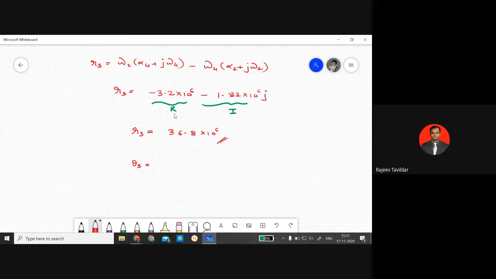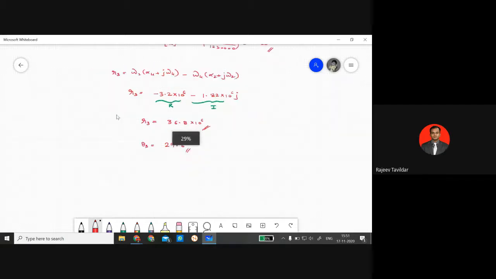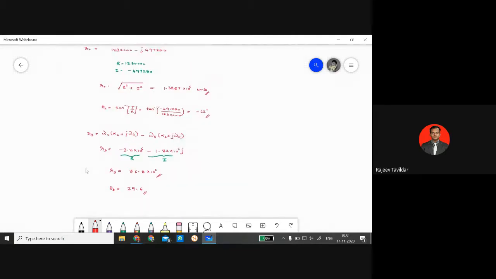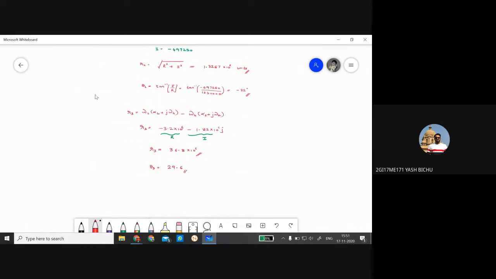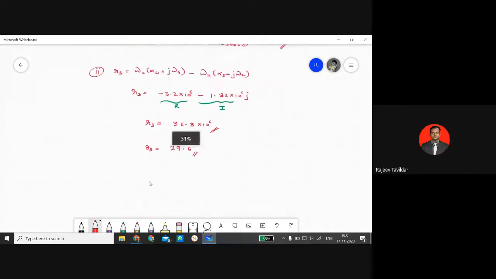Similarly, I guess the theta value you should be getting as 29.6. Yes, sir, 29.63. So that was our second calculation.